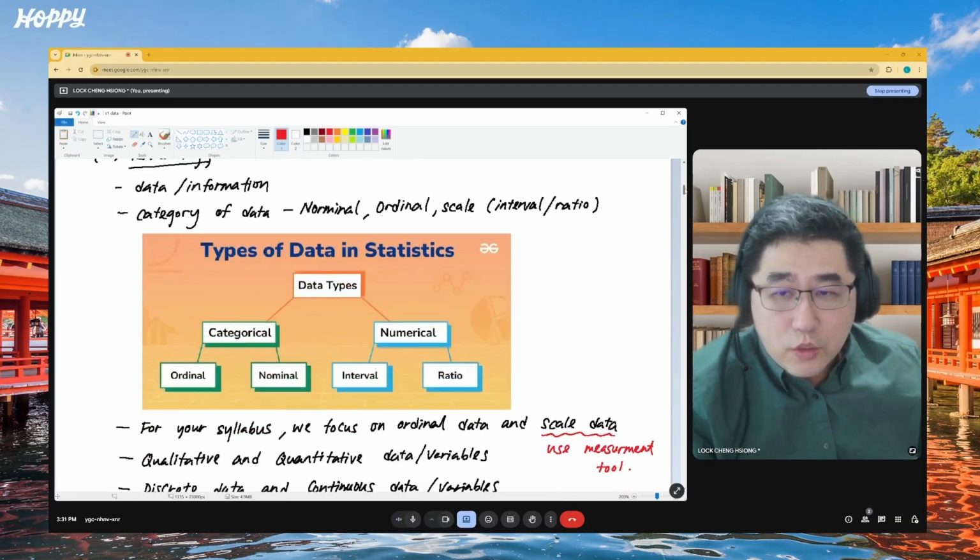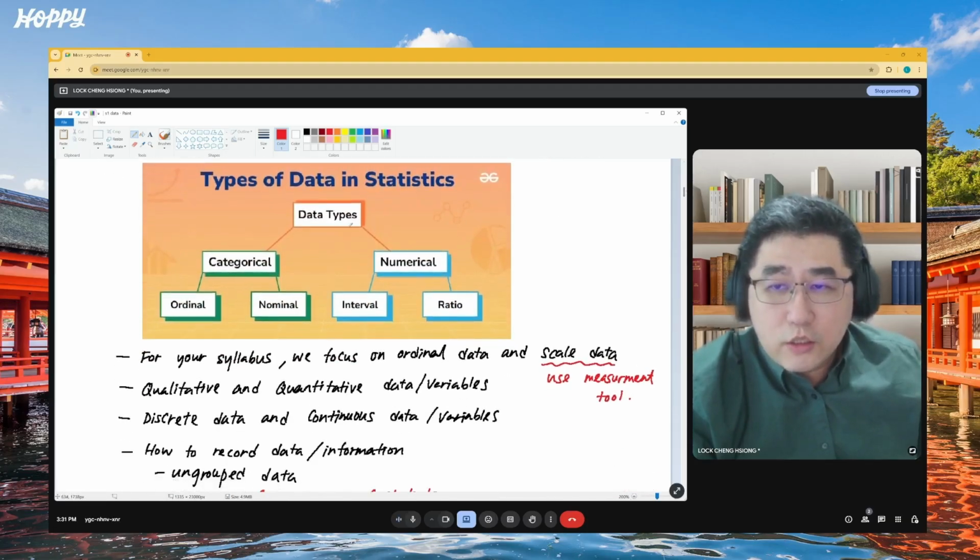Over here you can see their data type can be put as categorical or numerical value. Categorical can be ordinal, nominal, interval or ratio. Ordinal means it can be given in the form of order, in the form of grade A, grade B, grade C, grade D. There's an order.